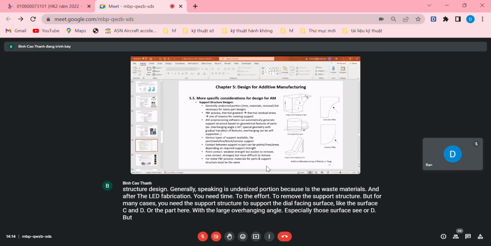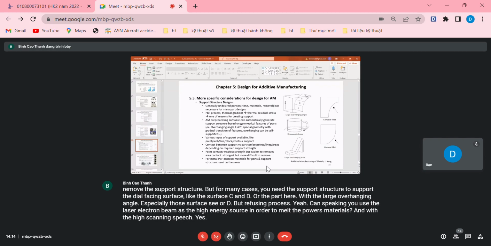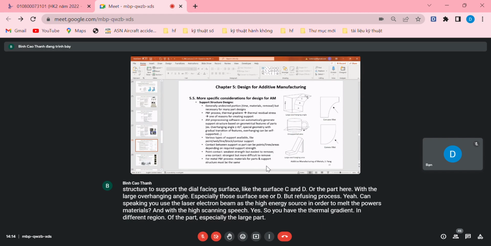For the wet fusion process, generally speaking, you use a laser or electron beam as the high energy source to melt the powder materials, with a high scanning speed. So you have thermal gradients in different regions of the part, especially the large part with a large cross section during the 3D printing process.